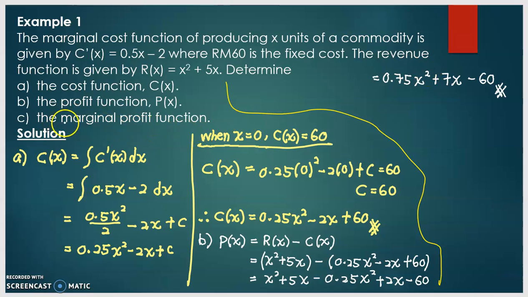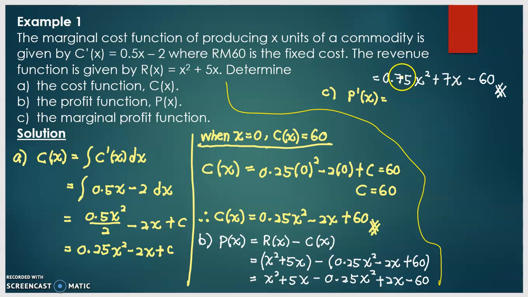Finally, find the marginal profit function. For the marginal profit function, I have to differentiate. This is for question C. P prime x means that I have to differentiate this function. Bring 2 to the front, multiply by 0.75.